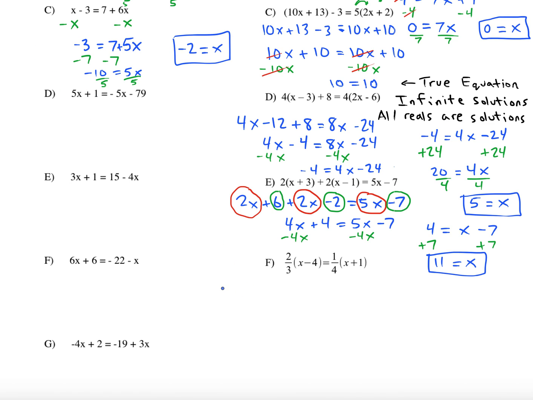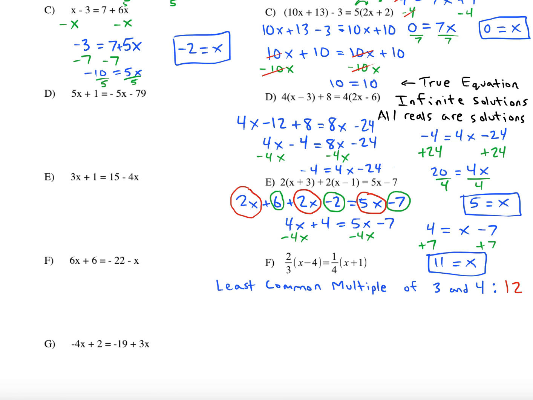What I want to find is what's called a least common multiple of the denominators of 3 and 4. So I want to think of some numbers whose factors are 3 and 4. And the number 12 comes to mind.